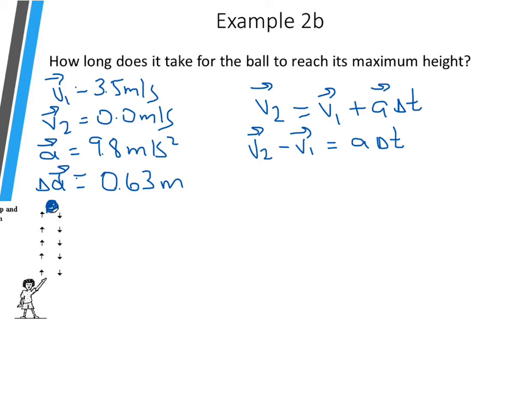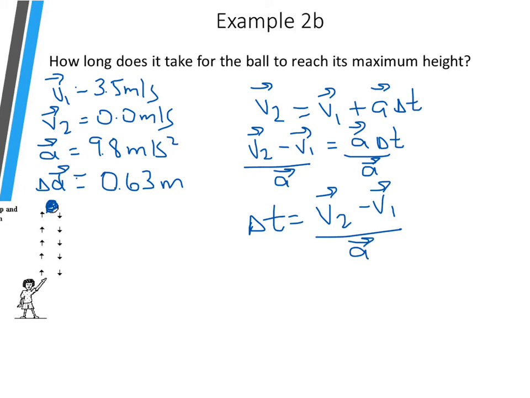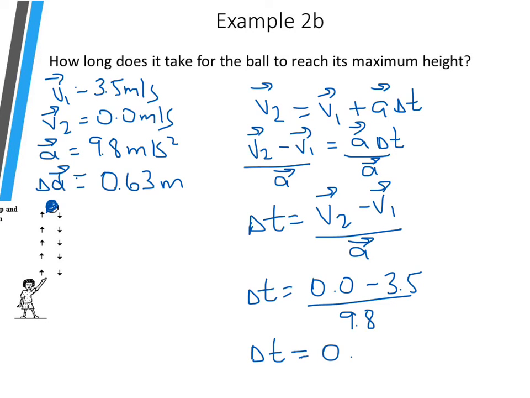Bring the v1 over, and then we need to divide by a. So to figure out our delta t, we're going to do v2 minus v1 all over a. And then we'll put our information in. We're going to round so that we only have 2 significant digits. So we get 0.36 seconds.